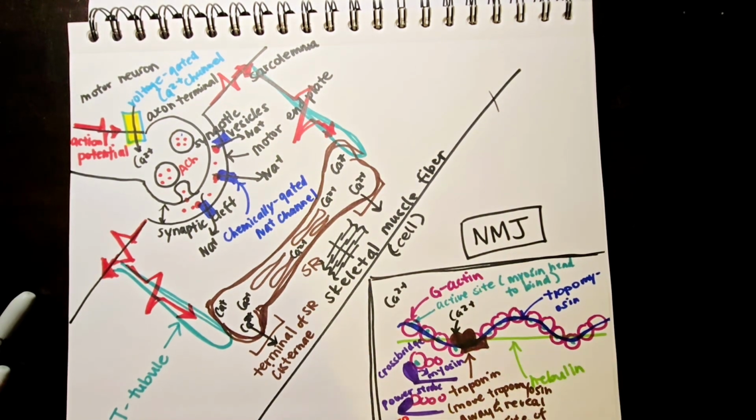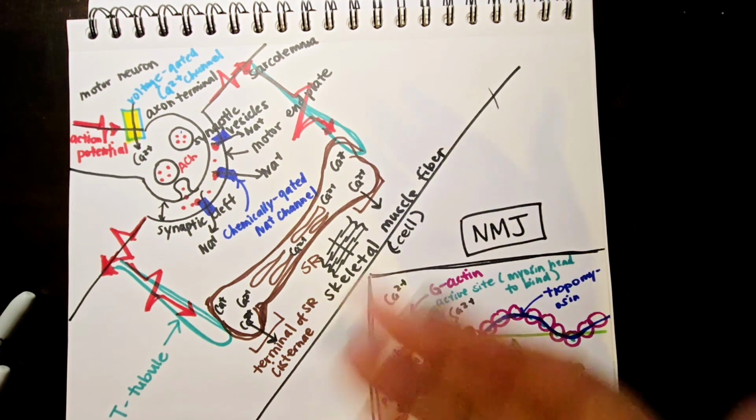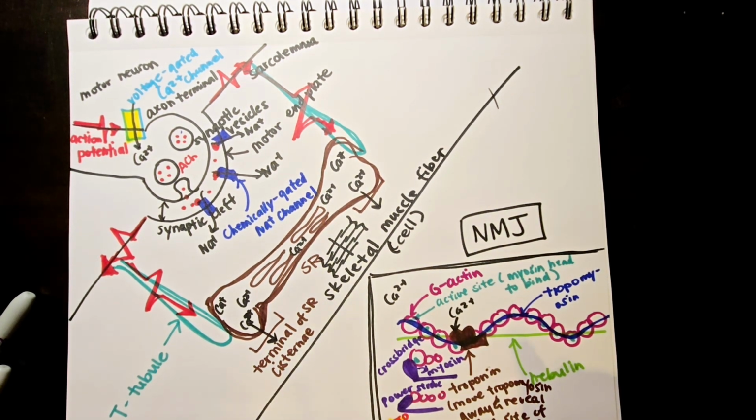ATP's purpose is to release the myosin head from the g-actin, allowing it to go back to its original position and bind to another g-actin at another active site. So that's what ATP is necessary for in terms of the troponin and tropomyosin, actin and myosin connection. It is to release the myosin head from the actin. That's one location where ATP is needed.